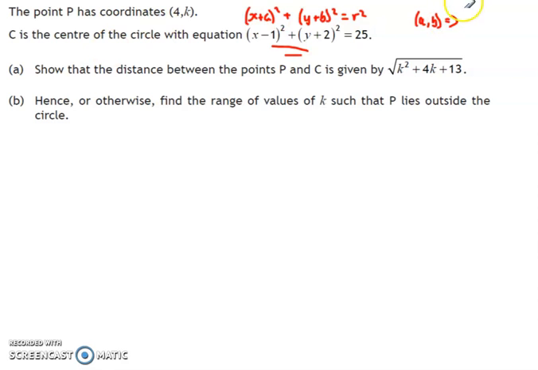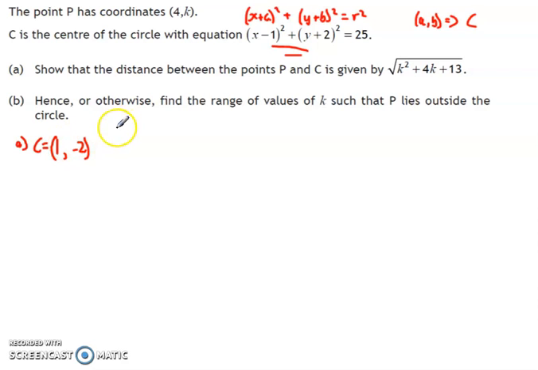So in this case, that would represent the point C for this question. If I were to start on part A, I'd interpret this information and say that the point C, the centre of the circle, is given by (1, -2). So that there is the centre of my circle.